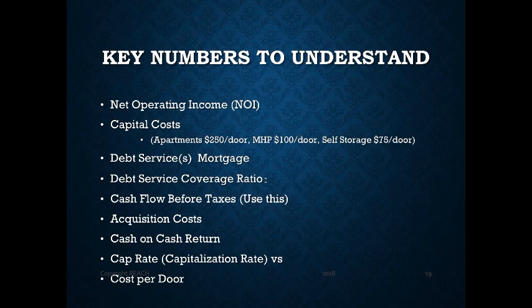So to make it easy, if I have a debt service of $1,000 a month, and after I have paid all my expenses, I have $1,100 left, then if I divide the $1,000 mortgage into the $1,100 of cash flow, my net operating income, I end up with 1.1.